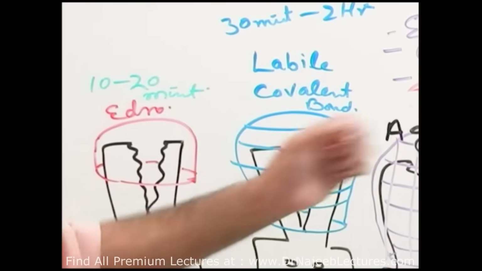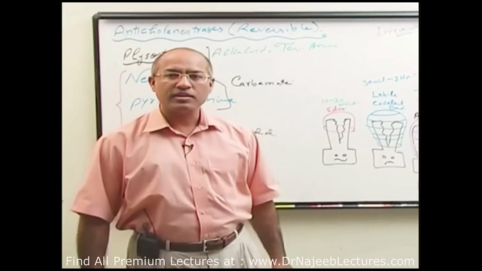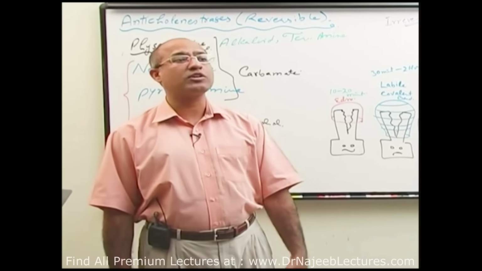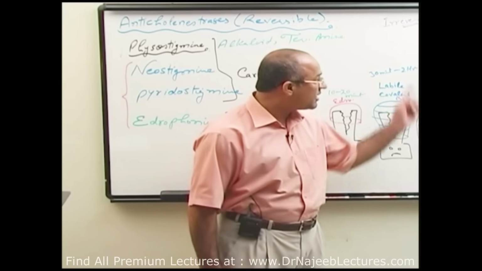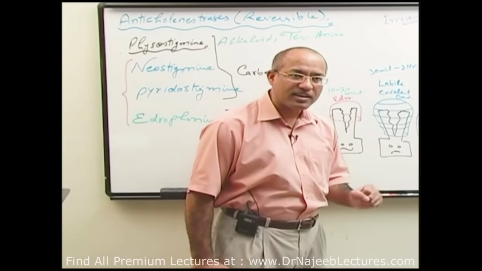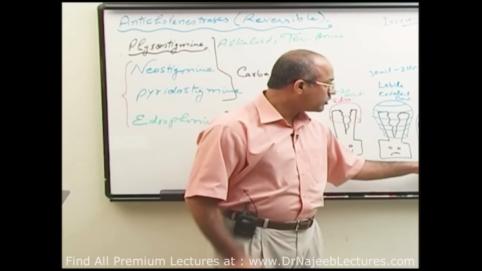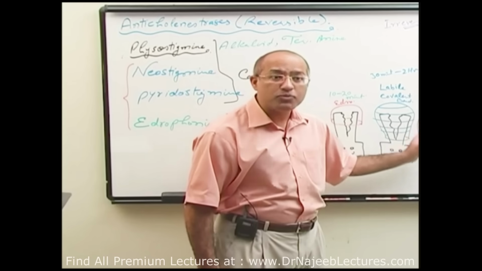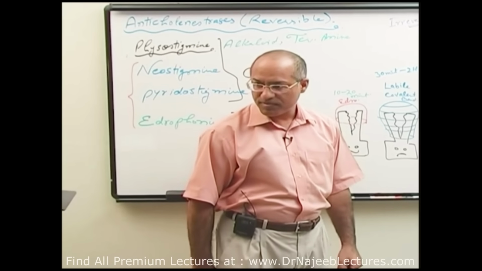Why is this concept of aging so important? Why am I trying to stick or hammer it in your mind? The reason being, if someone accidentally, or someone wanting to commit suicide, or a homicidal attempt, if these compounds have gone into his body and these enzymes are inhibited, if at the initial time very rapidly you provide pralidoxime before the alkyl group is lost, before the aging has occurred, you may save the patient, right?